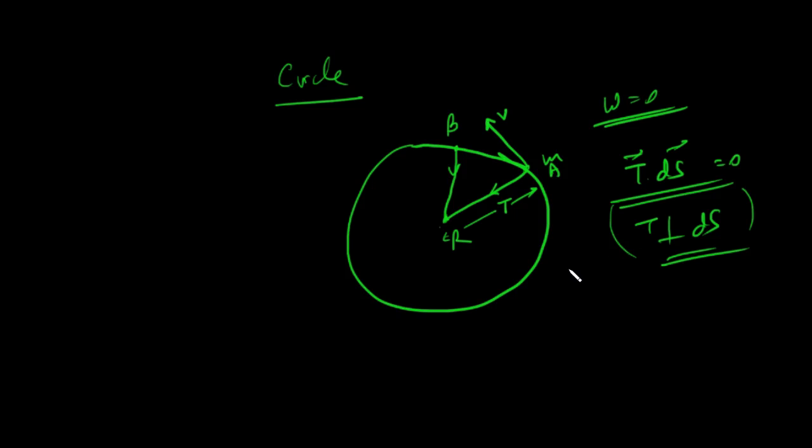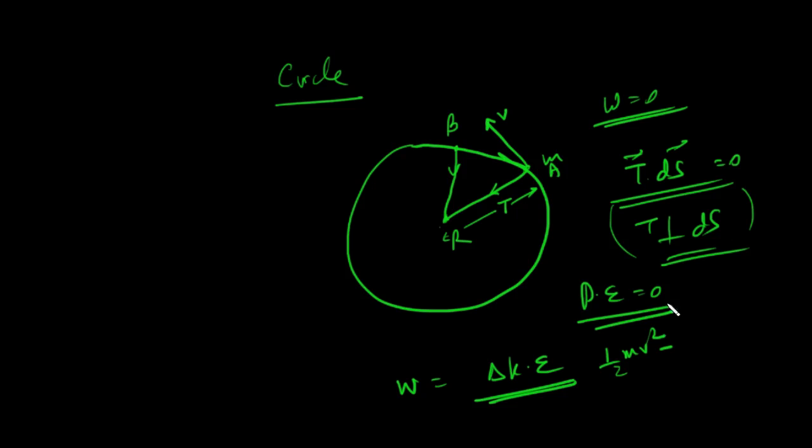Now there is another explanation for this. As velocity is constant, and the particle is going around a circle and is not at any height, the particle's potential energy is 0. Now I know that work done is the change in kinetic energy, right? Kinetic energy at A is half mv square. What is the kinetic energy at B?